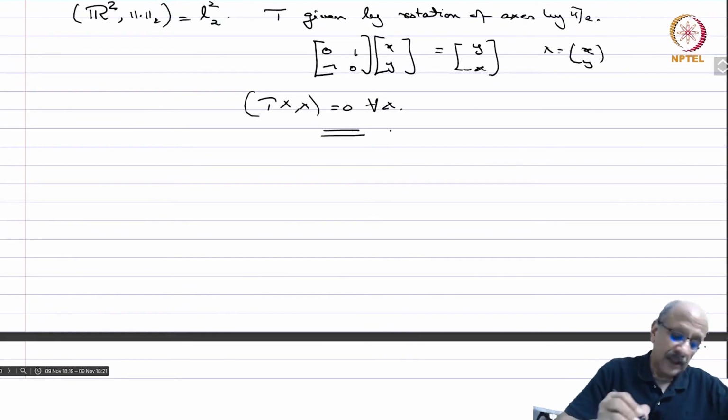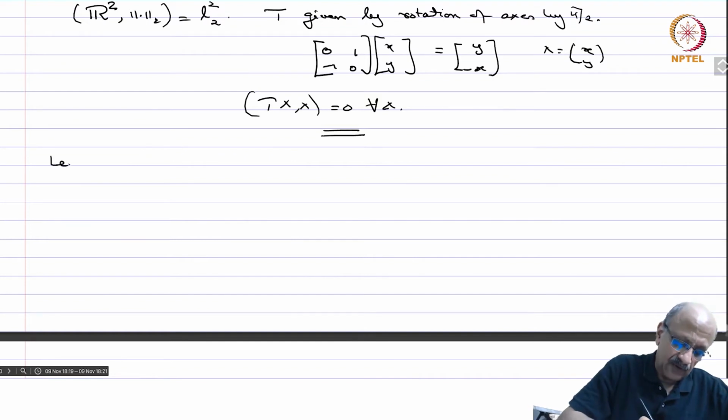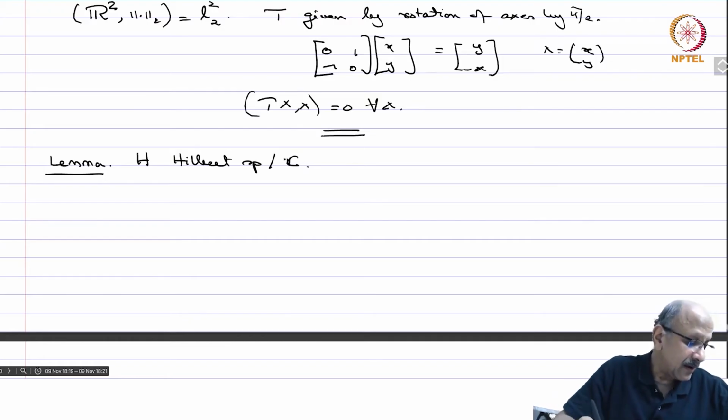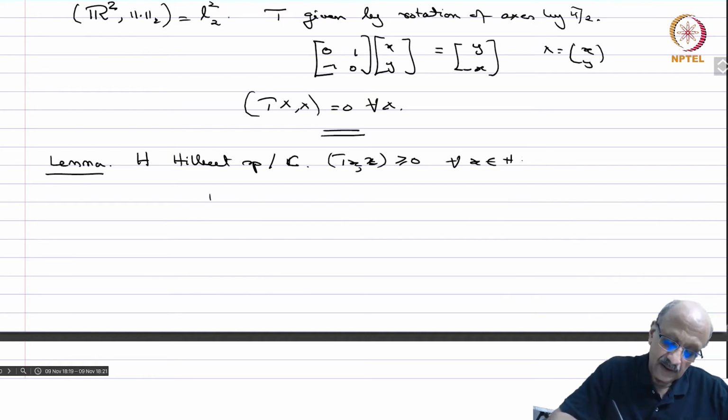Okay, so then again a lemma, if you like. Let H be a Hilbert space over C. So henceforth we will work over C, okay, and <Tx, x> greater than or equal to 0 for all x in H. Then T is self-adjoint, T equals T star.